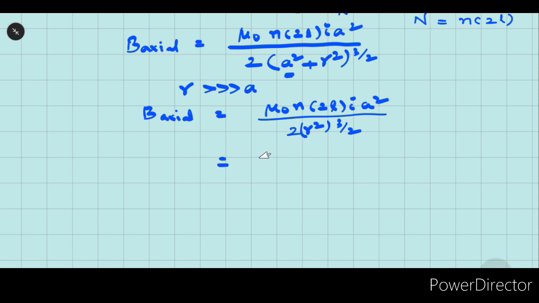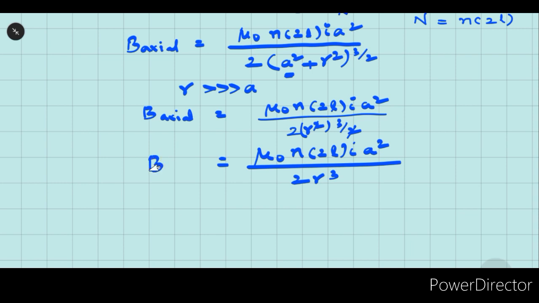That is equal to mu naught n 2L I A square divided by 2 R cube. Here 2 gets cancelled. Therefore B axial is equal to this expression.